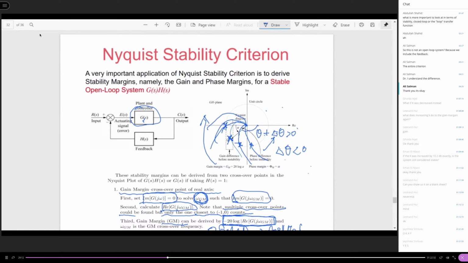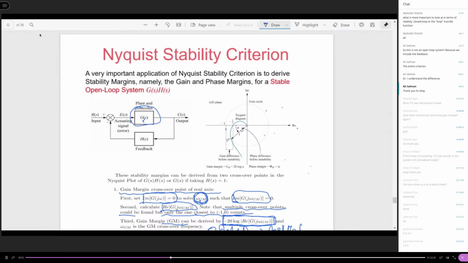So you reach the -1, 0 point. If you continue to add a negative phase to this Nyquist plot, what happens? The plot is going to go this way, and the encirclement around the -1, 0 point is going to happen. So you're going to push the system to be unstable.